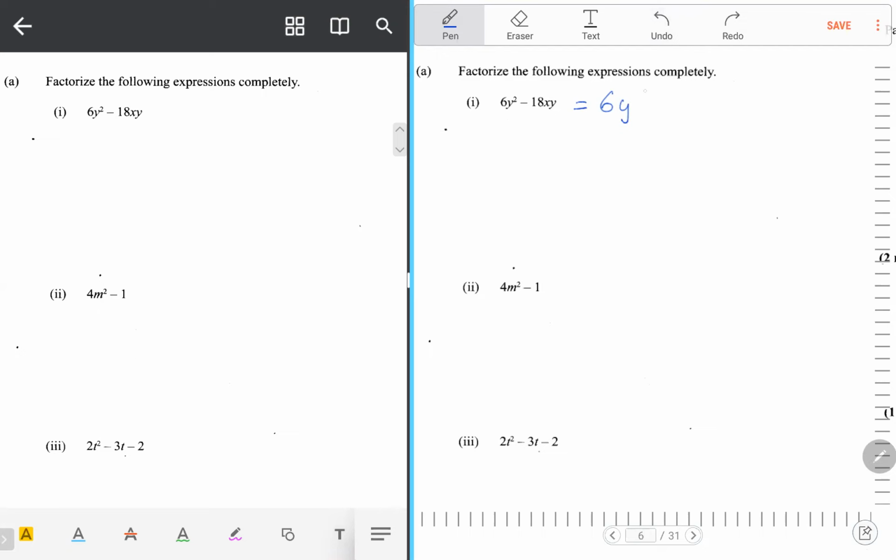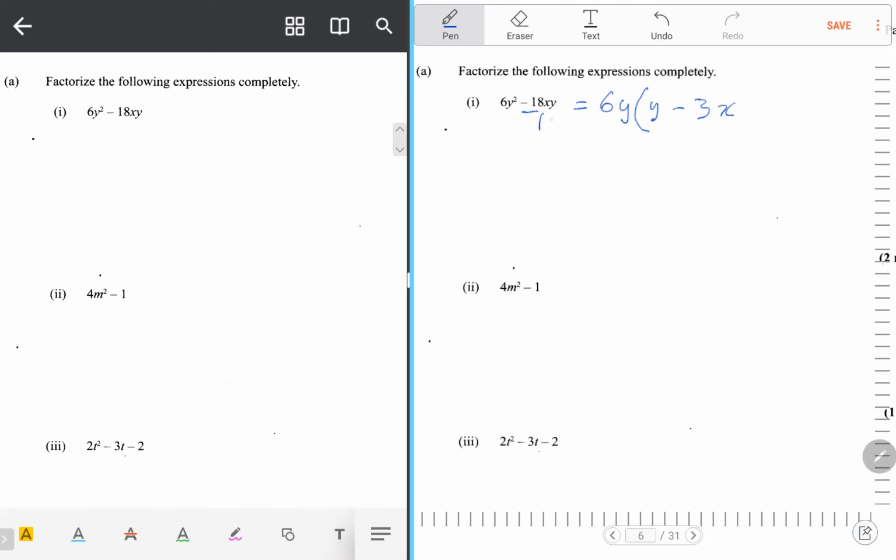And then it's like you're dividing the 6y out of this term and out of this term. So if I divide the 6y out of this term, I'm left with a y right here. And then I divide the 6 out of the negative 18, I'm left with negative 3. And then there's no x dividing out, so the x comes back.